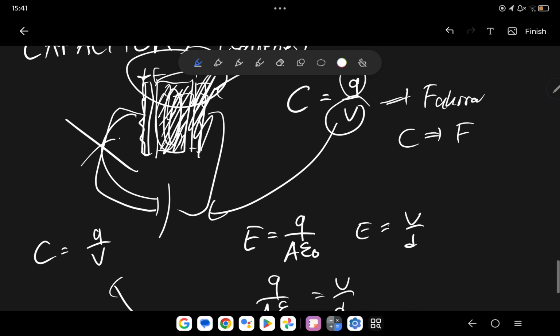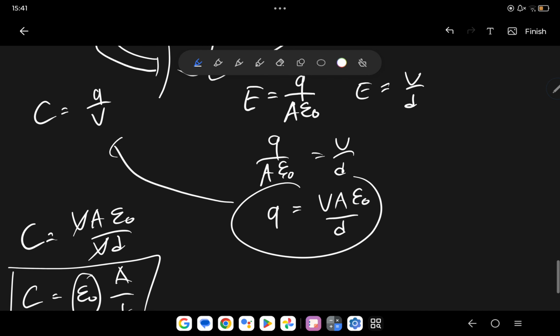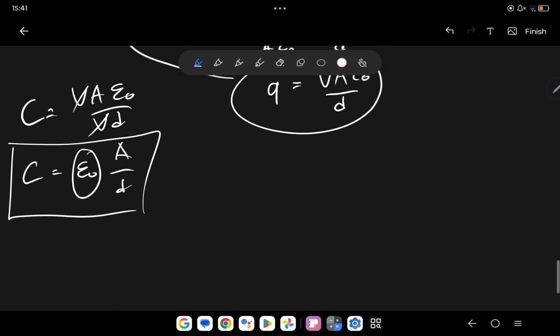If the material is not associated with epsilon null, then the answer is going to be different. So as a function of the difference in material, it's going to be multiplied by a constant, A over D.